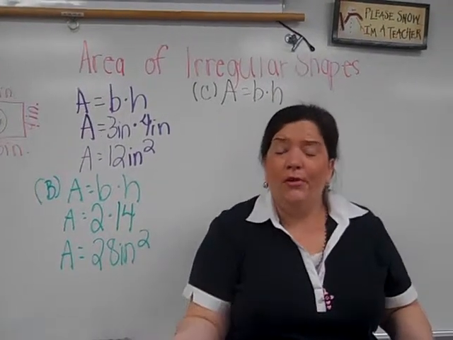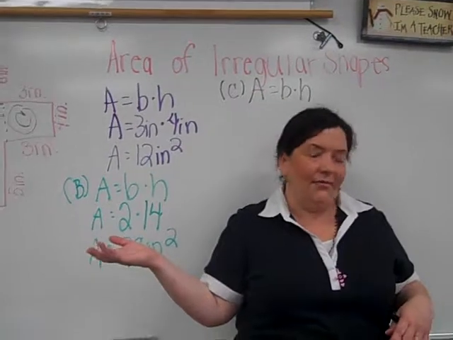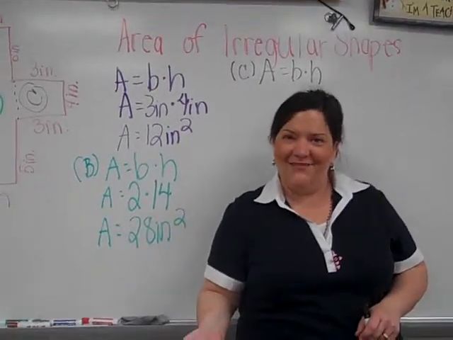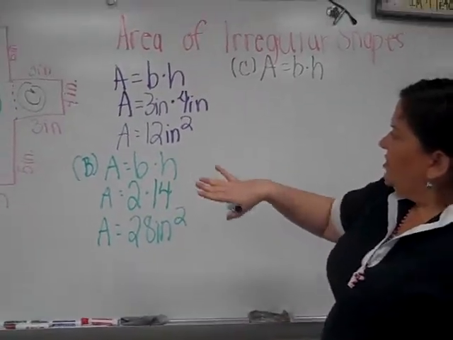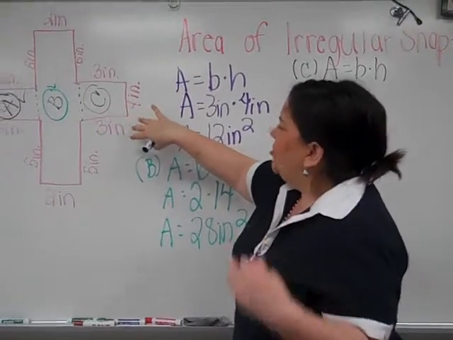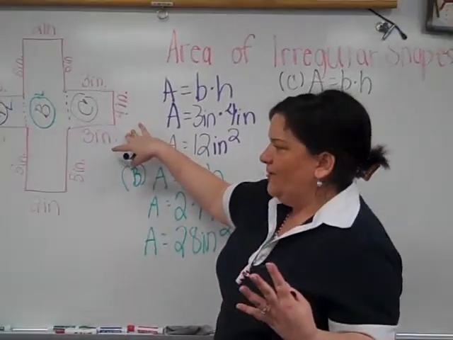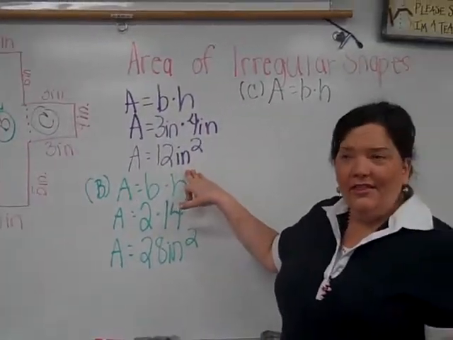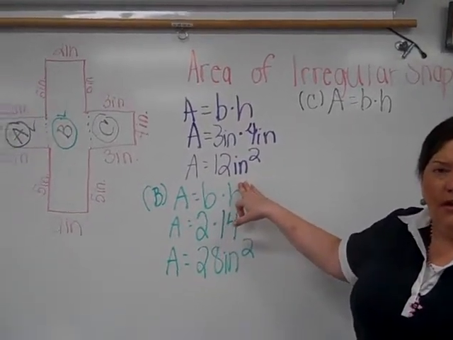Now, remember, we do know the formula for triangles, so if we had an irregular shape that was a triangle, we'd be able to solve that one as well. So I notice that shape A and shape C have the same measurements. I could assume that shape C would have an area of 12 inches squared.